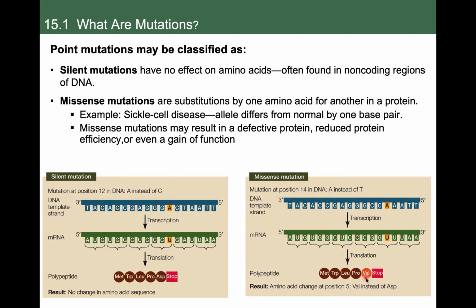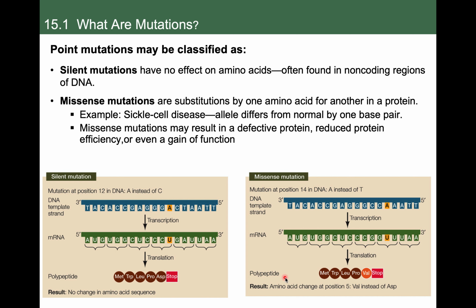Now you might ask, okay, what's the functional effect of that? The short answer is, it just depends on how important that particular amino acid is for that particular protein. So this could still technically be a silent mutation in terms of the function. Maybe the protein works just fine with a valine in that position instead of asparagine.